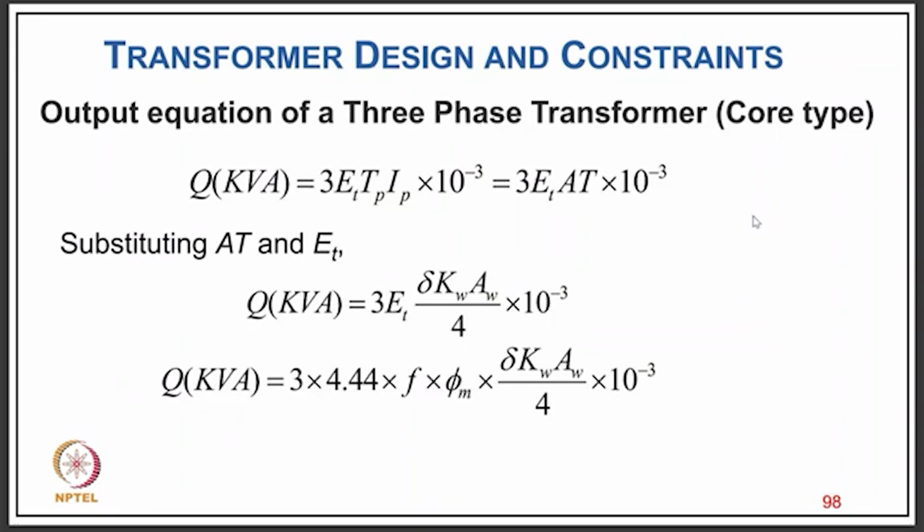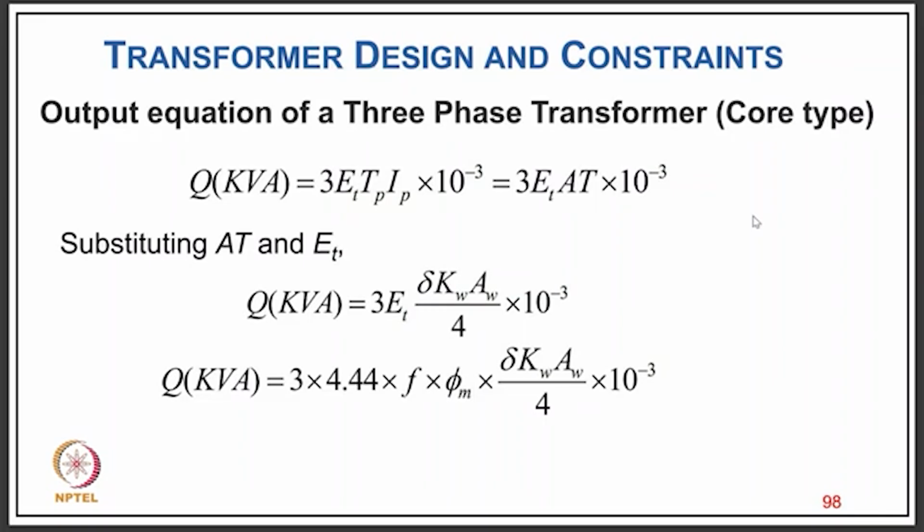So the output equation here now becomes Q equal to 3 Et Tp Ip into 10 power minus 3, so it becomes 3 Et AT into 10 power minus 3. Now substituting for AT and Et, Q equals 3 Et sigma Kw Aw divided by 4 into 10 power minus 3.